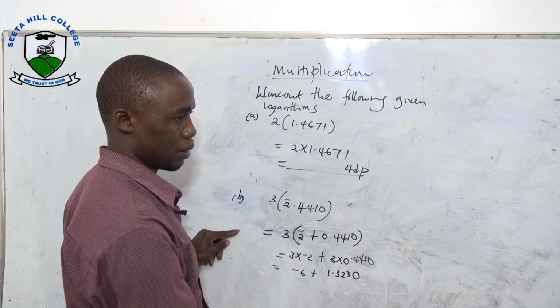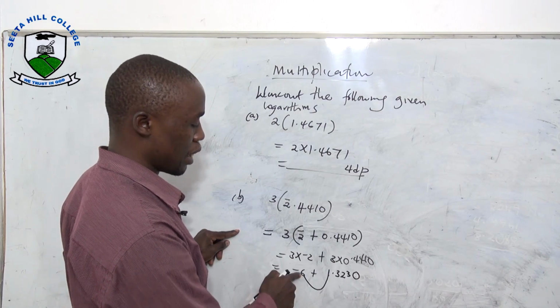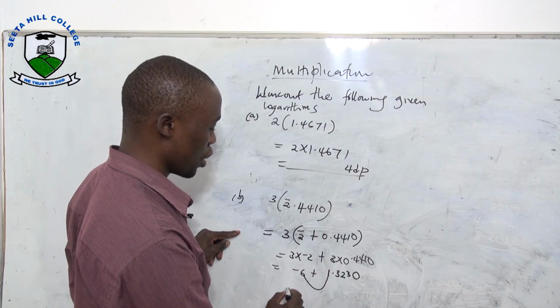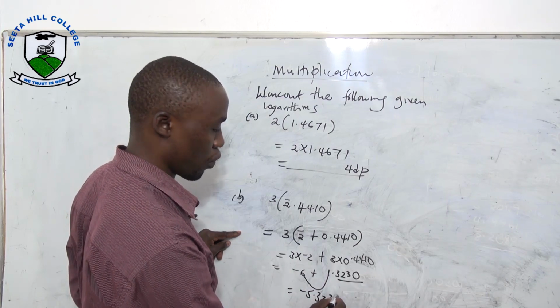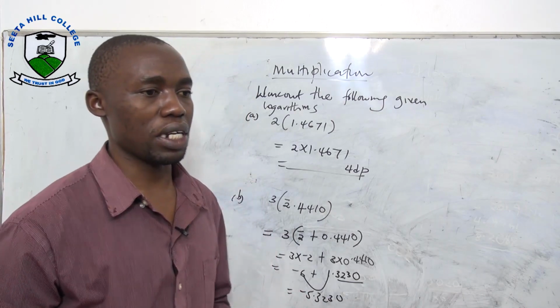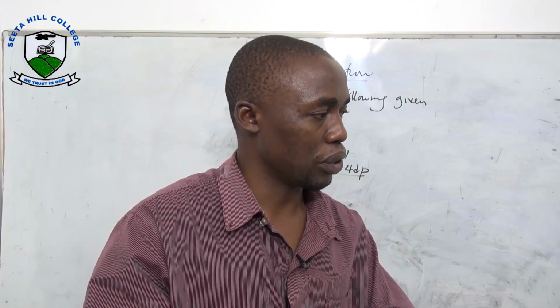Now add. This is added to that. We don't add the whole thing with the calculator. We add these parts alone. So it's negative 5, then maintain this 0.3230. So I'll only give one example. We shall meet many others as we move on.